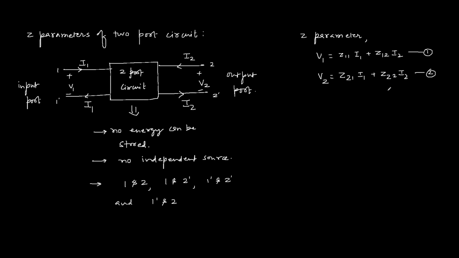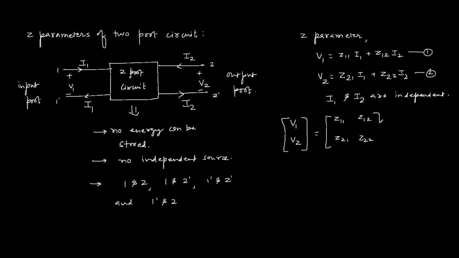Here I1 and I2 are independent. We can also write these two equations in the matrix form. This matrix is called impedance matrix or Z matrix.